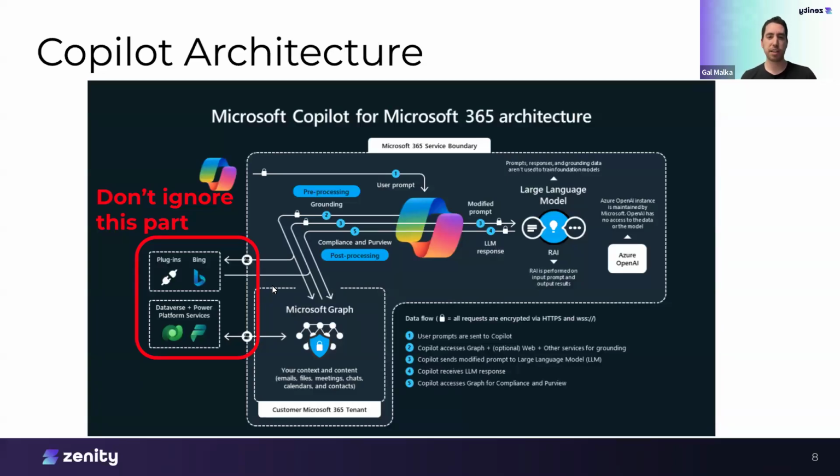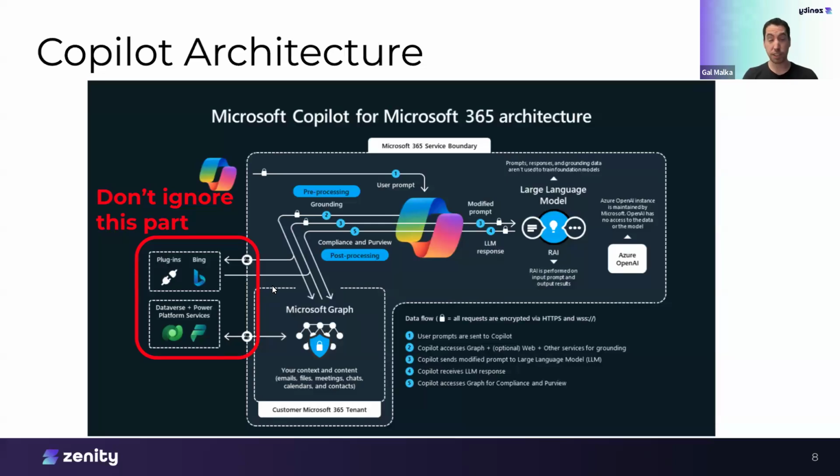This can be done by pro developers developing extensions to Copilot, or by citizen developers using no-code, low-code platforms such as Power Platform. And these extensions and plugins could be developed in-house, first party by employees of the company, and it could be developed by third parties, vendors, such as apps you can find in the marketplace.